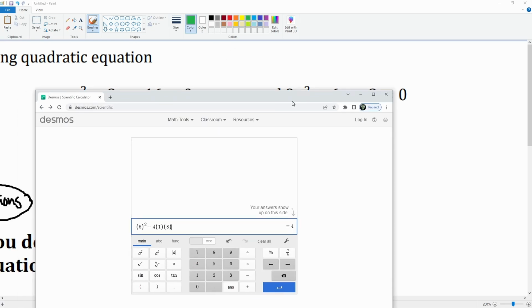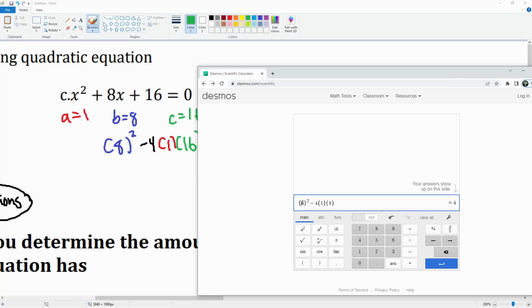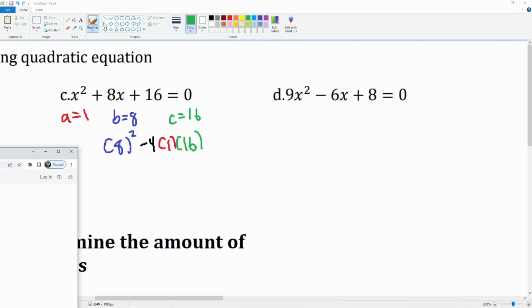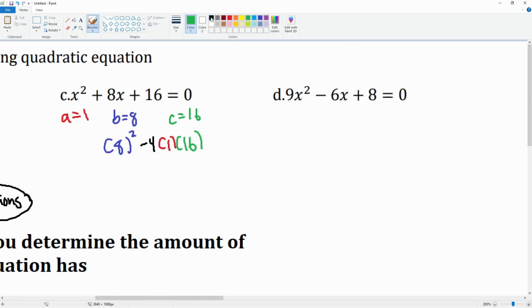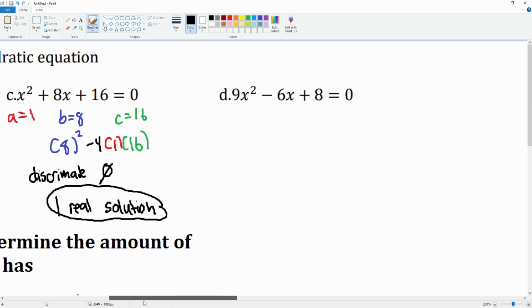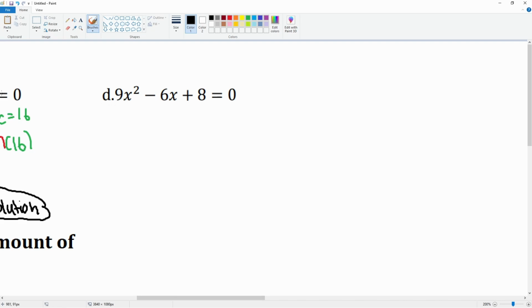We use a calculator to check our work: 8 squared minus 4 times 1 times 16 gets you 0. This is a discriminant of 0, so it has only one real solution.